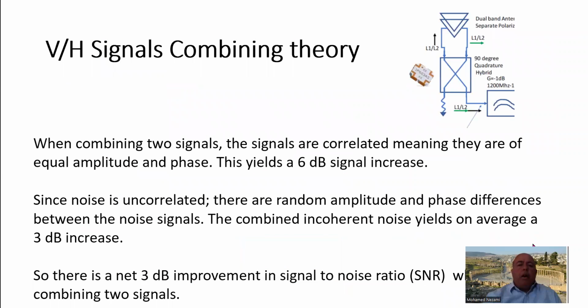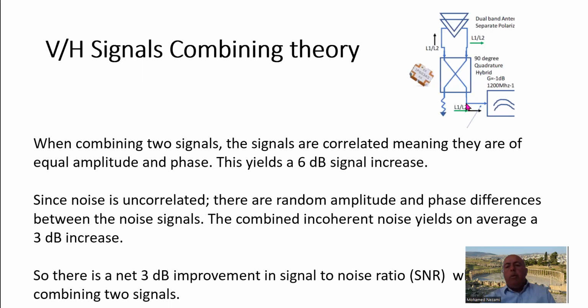Now the other thing, this is just to put a little theory to why we're doing this. What happens when we combine two analog signals that are coherent? We're assuming they're coherent because it's exactly the same signal except rotated 90 degrees, and assuming the hybrid does not have any phase or amplitude mismatch, so we're 100% coherent.